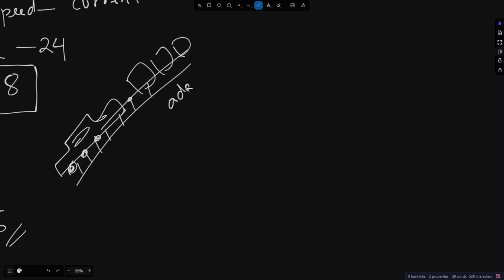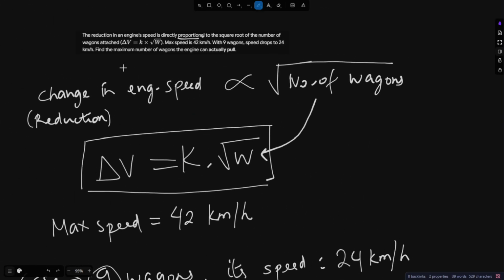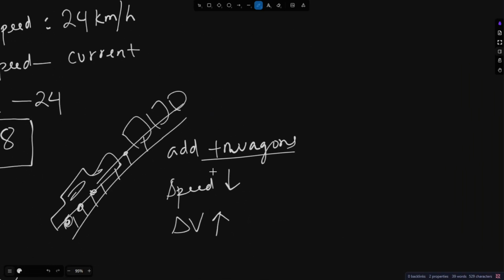As we add more wagons, the speed decreases, which means that the delta V is going to increase. And the question says the maximum number of wagons the engine can actually pull.